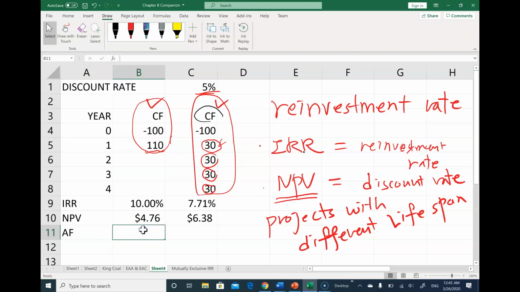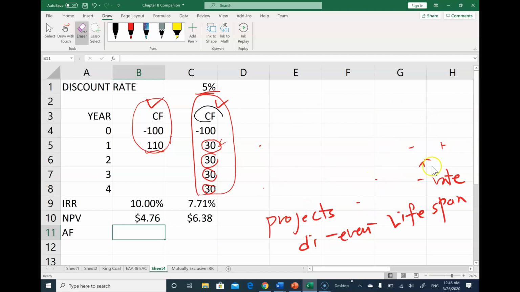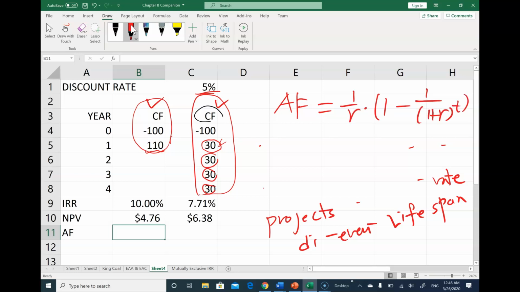Okay, so hope you guys remember what the annuity factor equation was. So the annuity factor is one over r times 1 minus 1 over 1 plus r to the power of t, right?